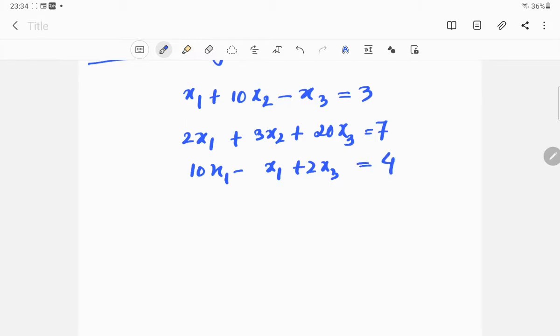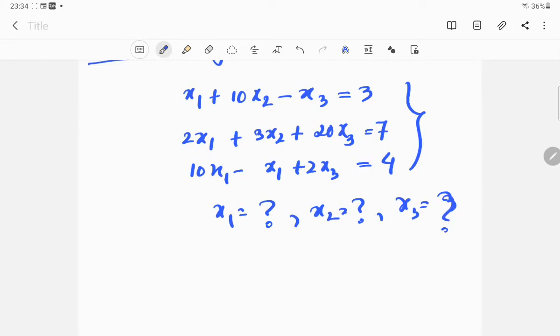So that's all we have, and you are being asked to solve this set of equations. To solve means you need to find the value of x1, then the value of x2, then the value of x3. And you need to use the Gauss elimination method using partial pivot.